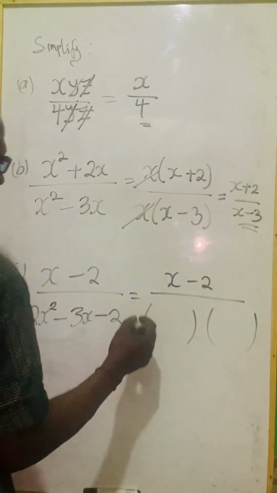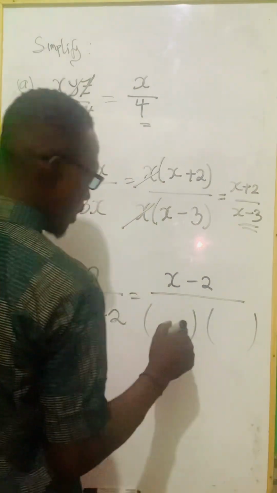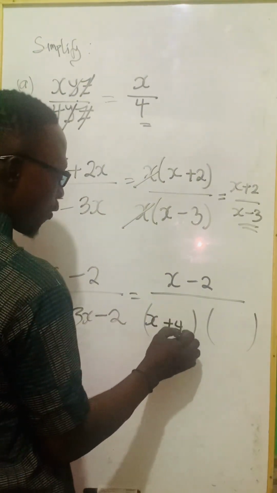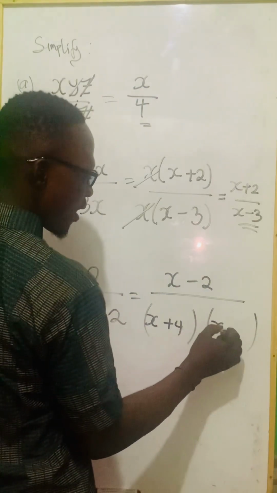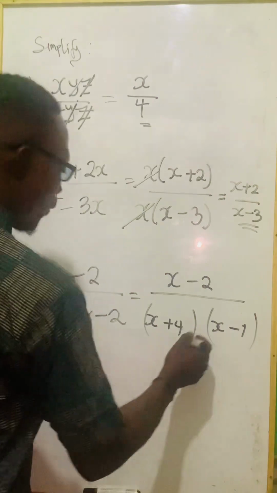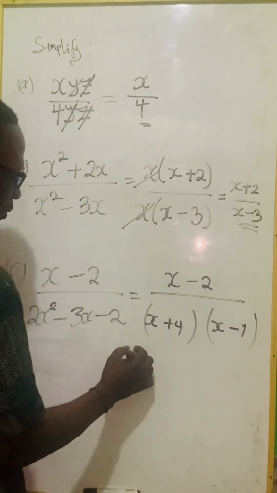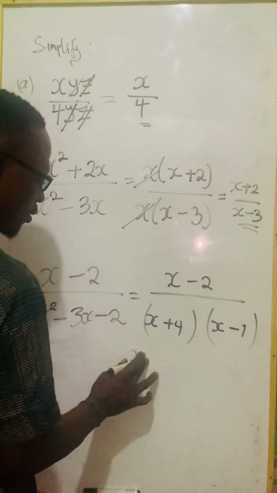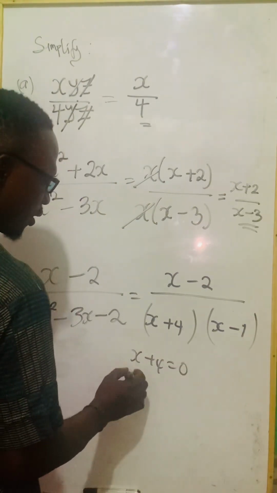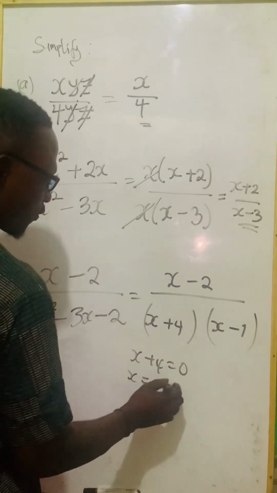So for minus 4 and 1, we have x plus 4 and x minus 1. When you put x plus 4 equal to 0, x is equal to minus 4.